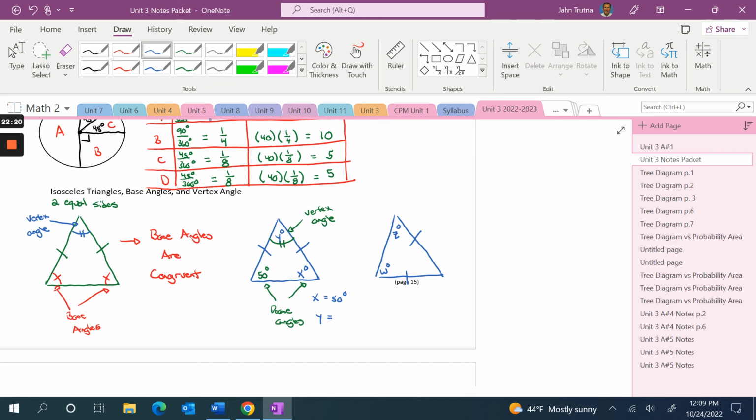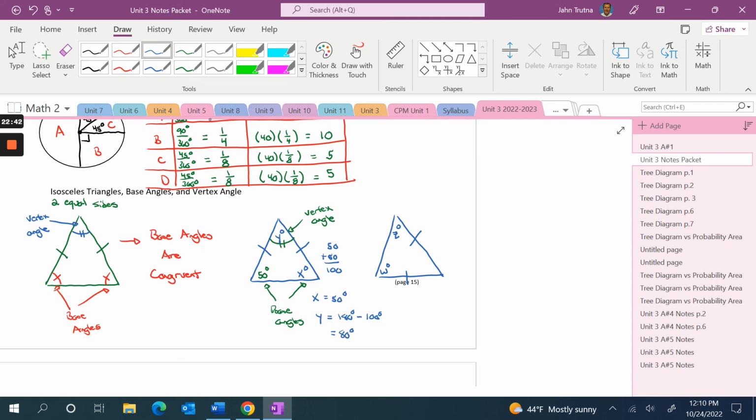If x is 50, we go 50 plus 50, that is 100. So then y is going to be 180 degrees, which is always the three angles of a triangle, minus the 100 degrees, which is what the two base angles add up to. So y would have to be 80 degrees.